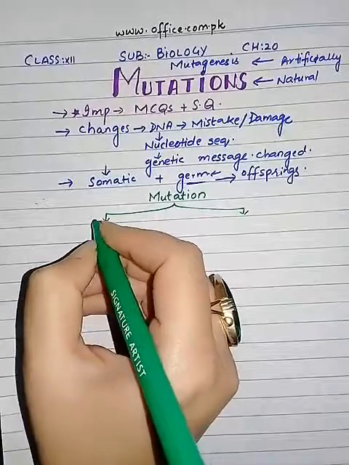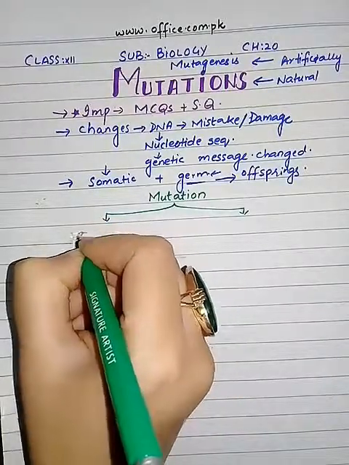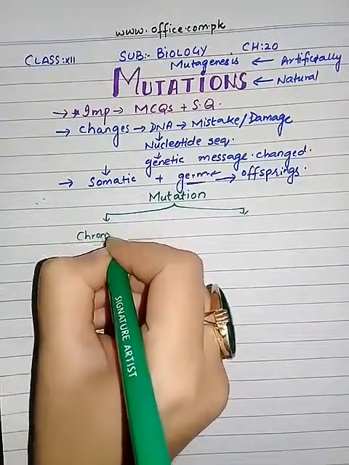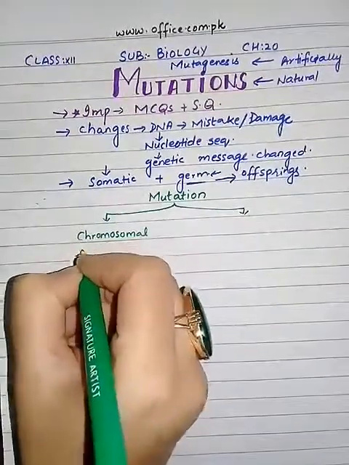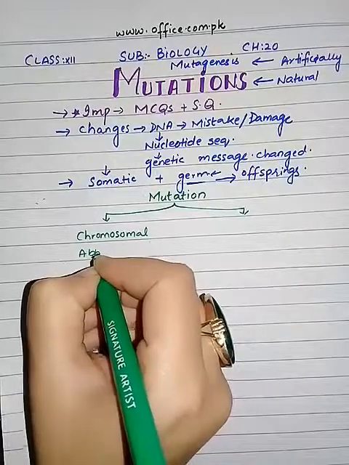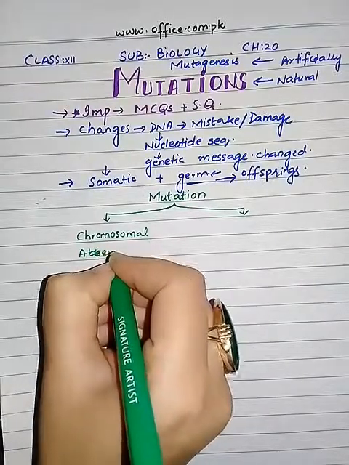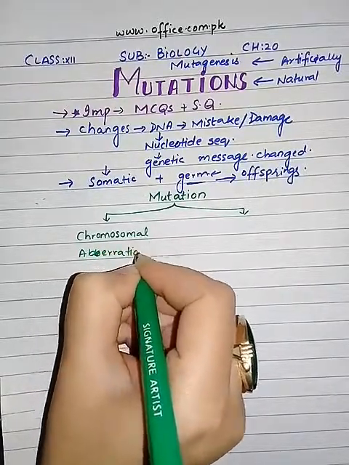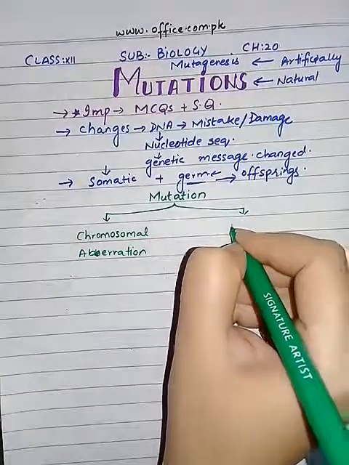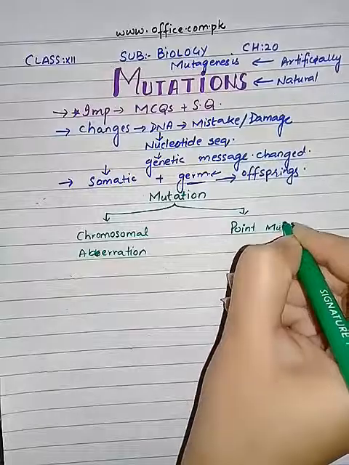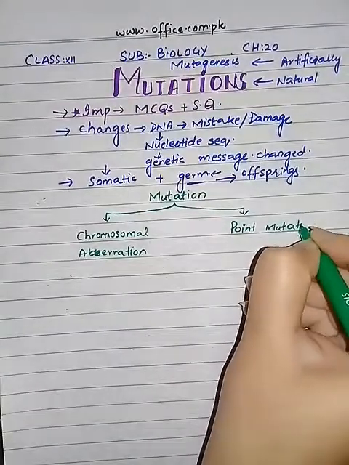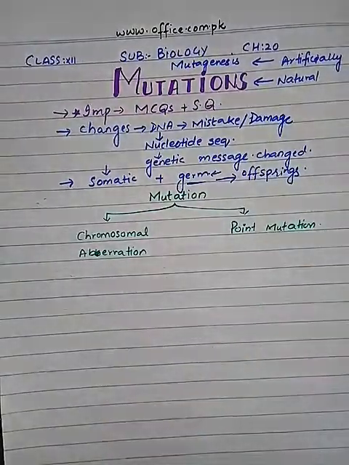Mutations are broadly classified into two types. The first one is chromosomal aberration, and the second one is point mutation.